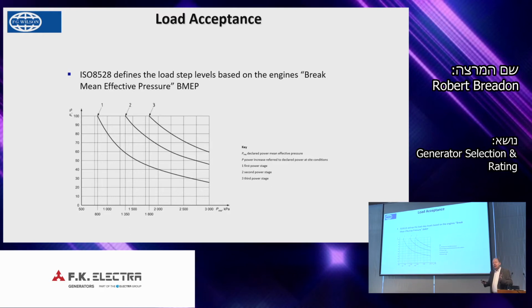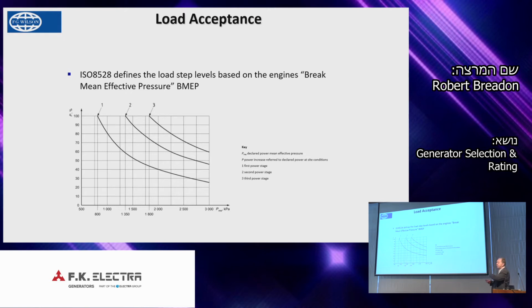We have selection for G2. We know exactly how each of our machines performs, and we can give you very detailed information on what the maximum load step is for the machine, and normally it is well above what is specified in the standard.